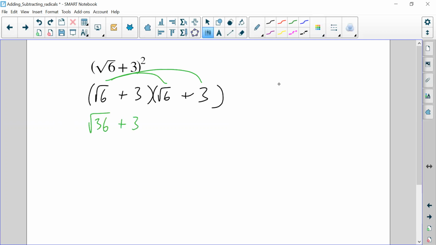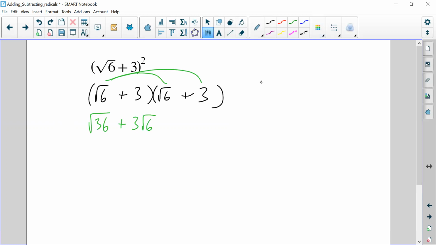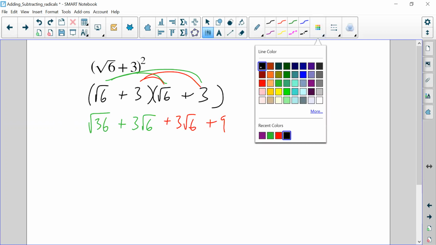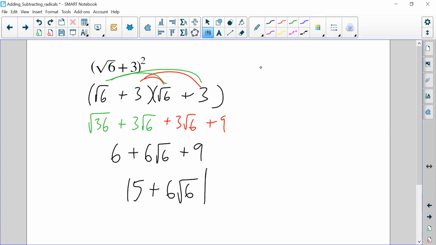Rad 6 times 3 is 3 rad 6. 3 times rad 6 is 3 rad 6. 3 times 3 is 9. Do I have any like terms? Sure do. I have 6 rad 6s. Rad 36 is 6, and 9 is just 9. So altogether I got 15 plus 6 rad 6s.